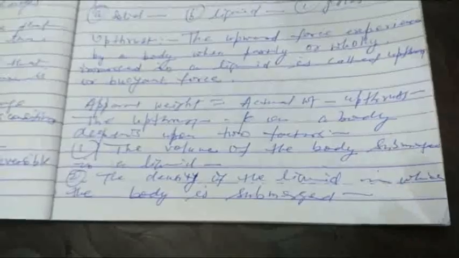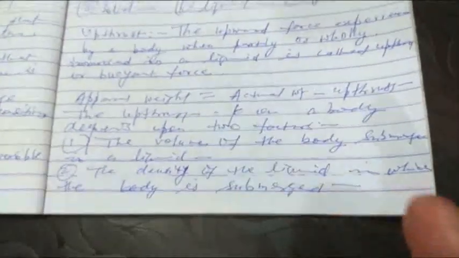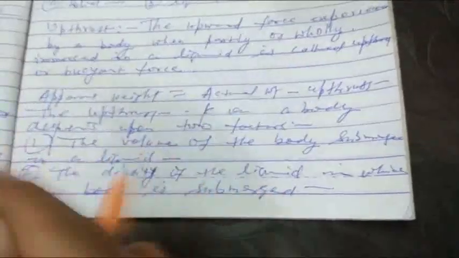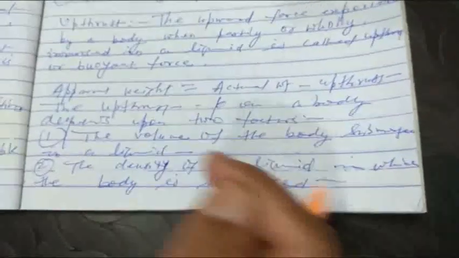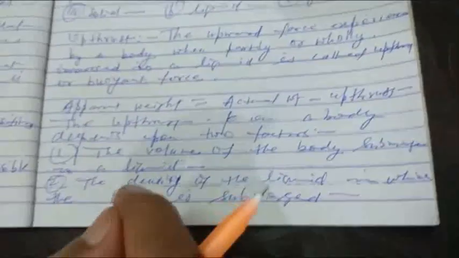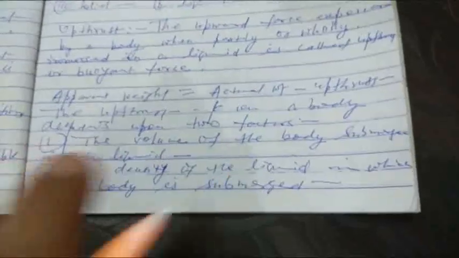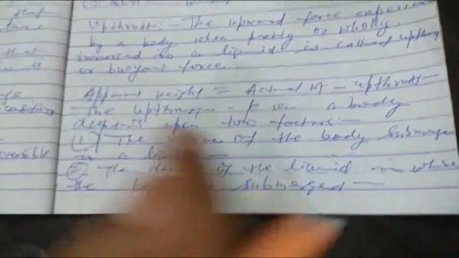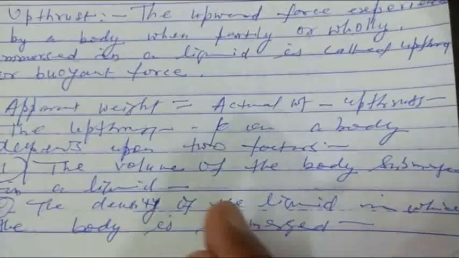Mass per unit volume is known as density. So the larger the density of a liquid, the greater is the upthrust it exerts on the body. This is the reason that an iron nail floats in mercury but sinks in water, because the density of mercury is greater than that of water.